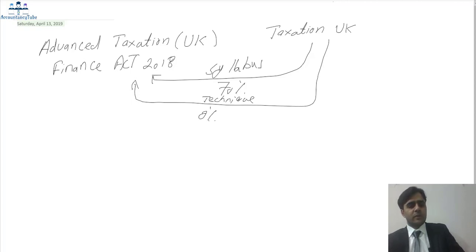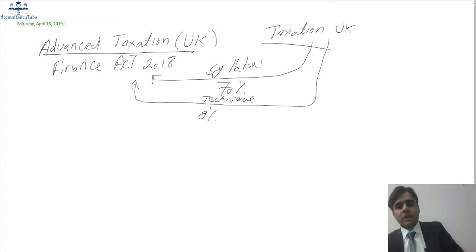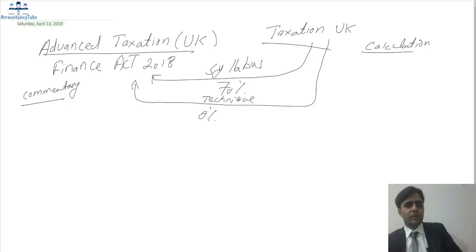When I say 0%, it means the technique of the taxation paper is completely different from advanced taxation. One reason is that most of the taxation level was calculation, whereas in advanced taxation, most of it is commentary. So you have to provide comments.